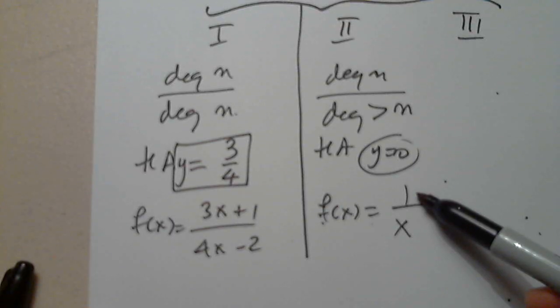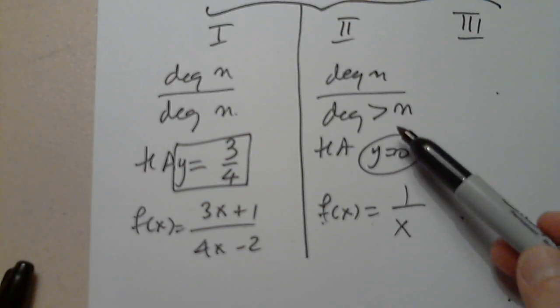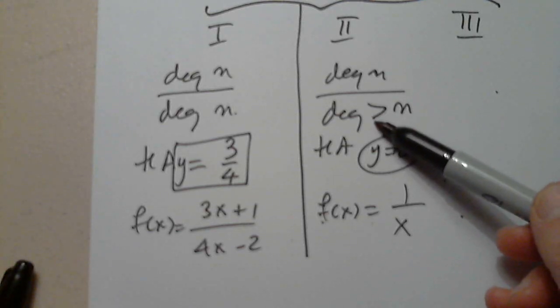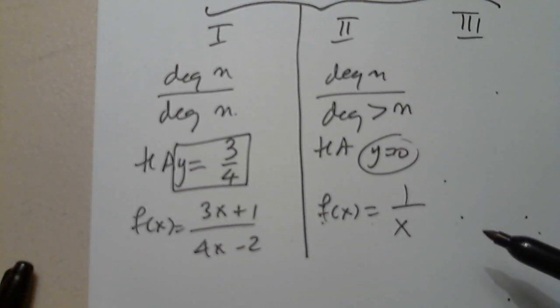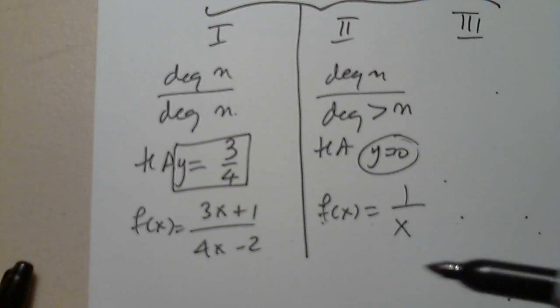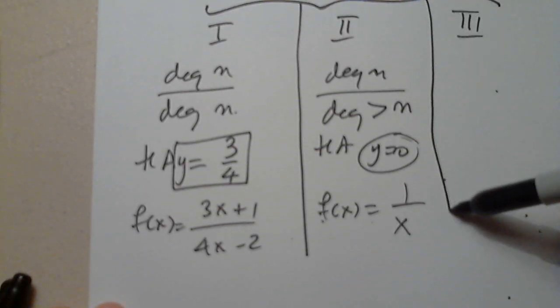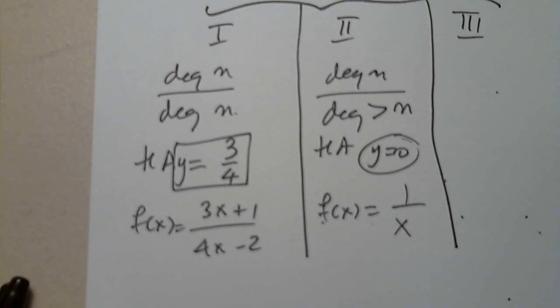The numerator has degree 0, the denominator has degree 1. So a higher degree in the denominator than the numerator, that's all it means. The horizontal asymptote, you don't even have to calculate it. It's a waste of time. If the degree is higher in the denominator, we know the answer is always 0 at positive infinity or negative infinity.